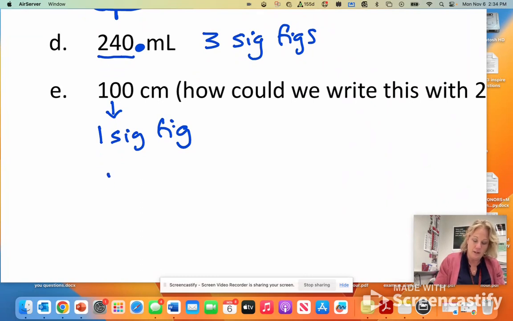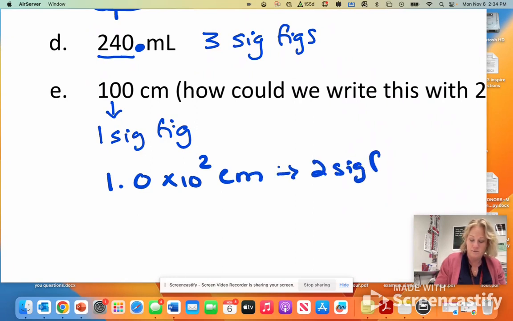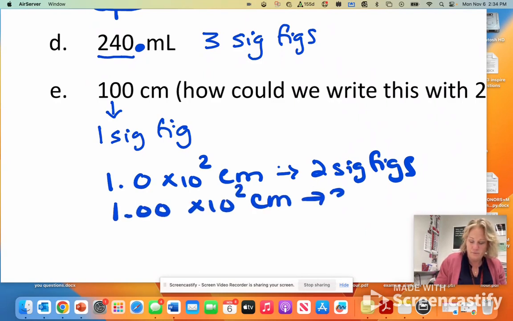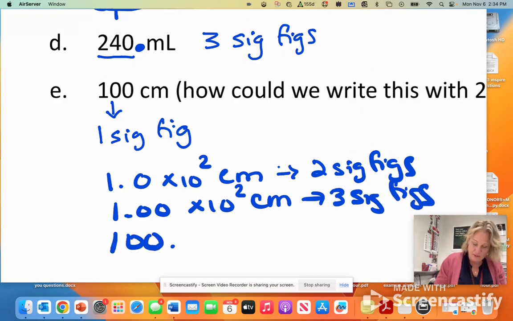If I want 100 to have 2 sig figs, I would be forced to write it in scientific notation. So now it has 2 sig figs. I could write it with 3 sig figs. I could also just do this, so now it has 3 sig figs.